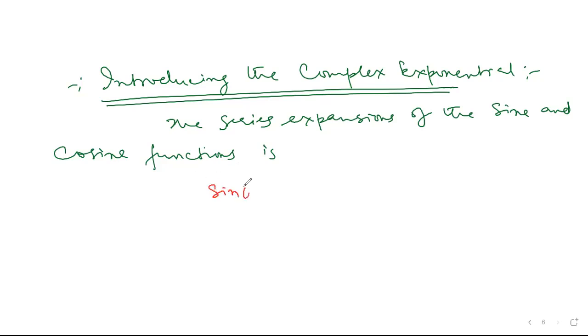Sine theta is equal to theta minus theta cubed over 3 factorial plus theta raised to 5 by 5 factorial and so on.